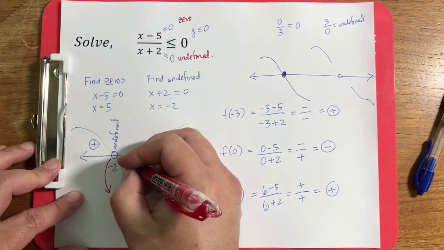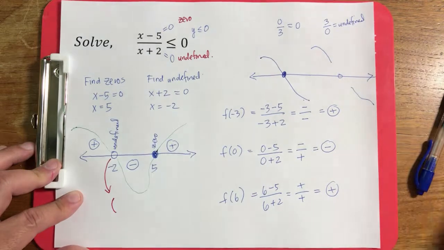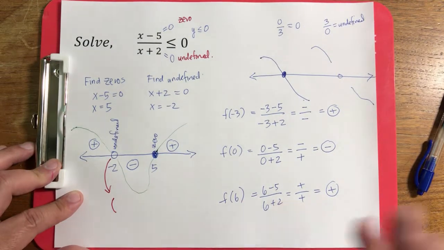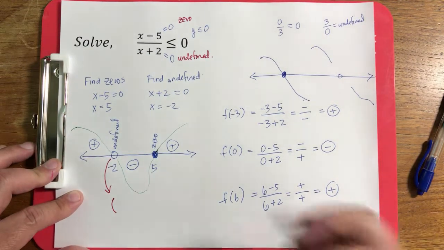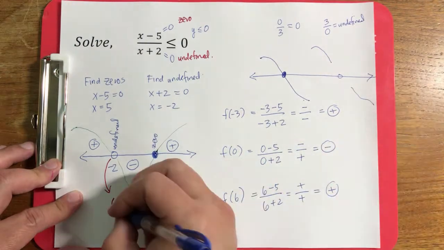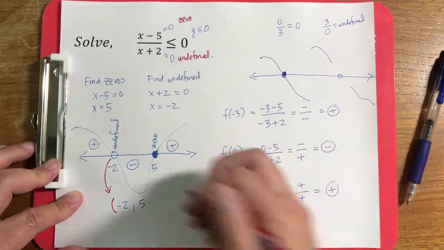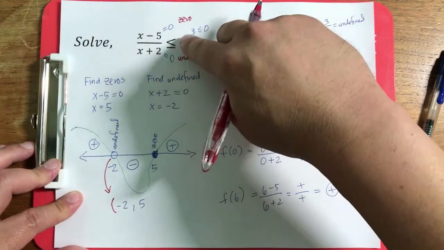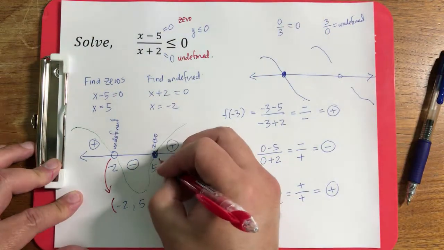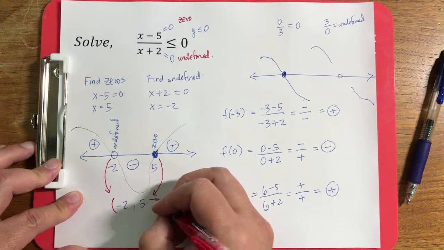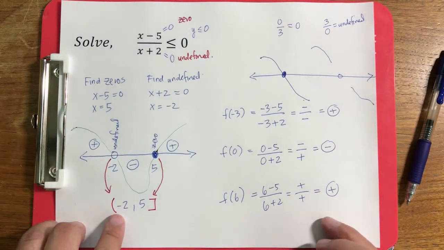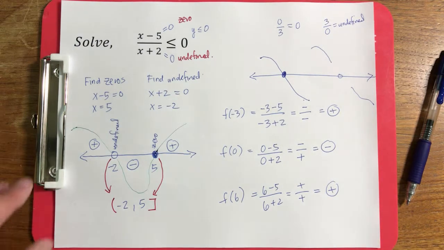If we're referring to an undefined point, we always use a paren because that point does not exist on our graph, so we can't ever touch it. Now, because this is a 0 and we're looking for less than or equal to 0, this one will be a bracket. So this is the only thing you have to be careful about when you're working with rational inequalities.